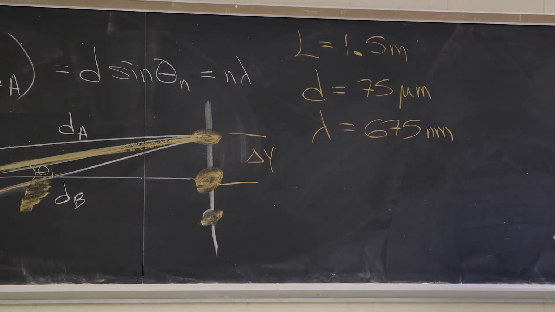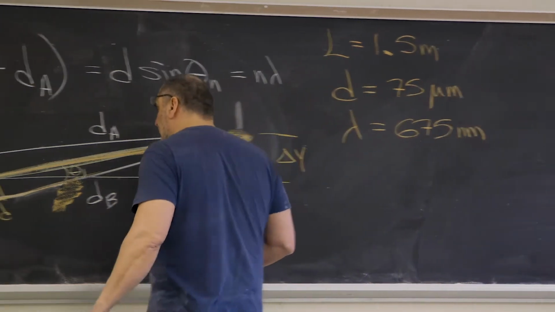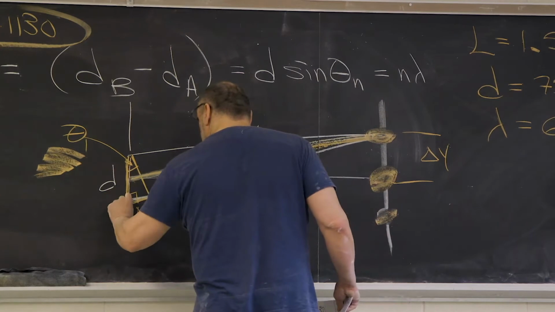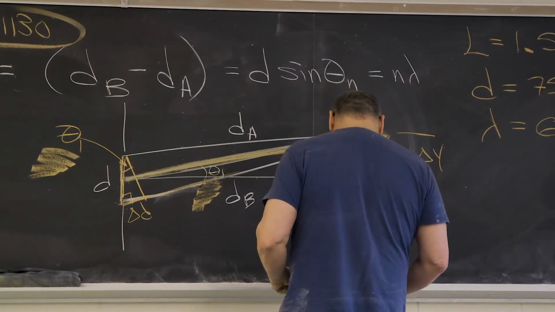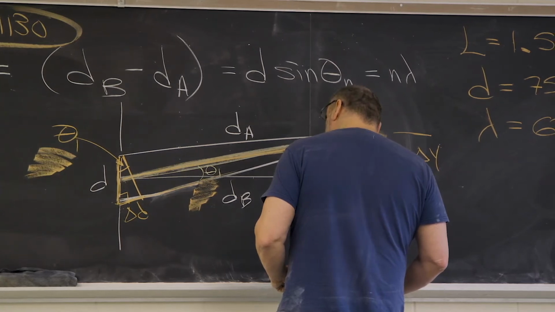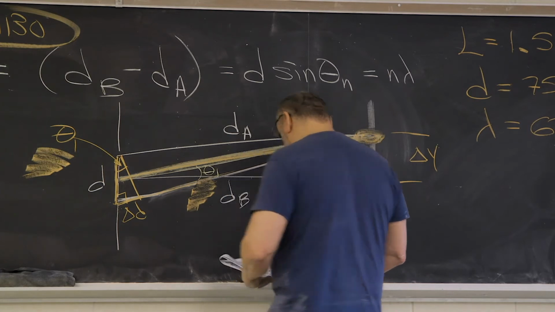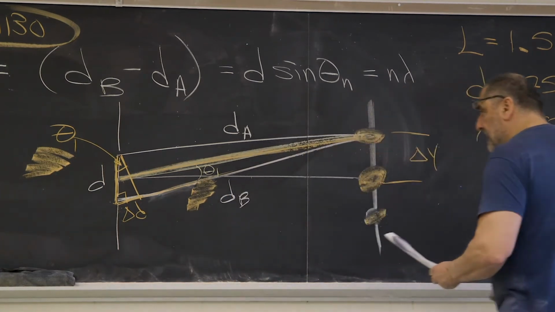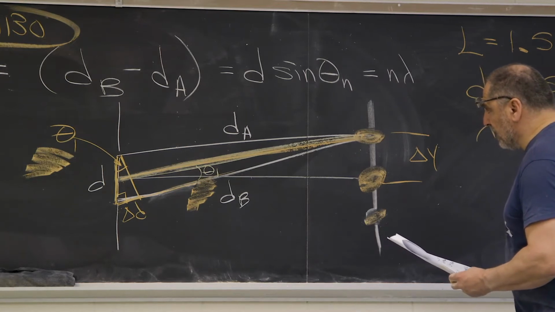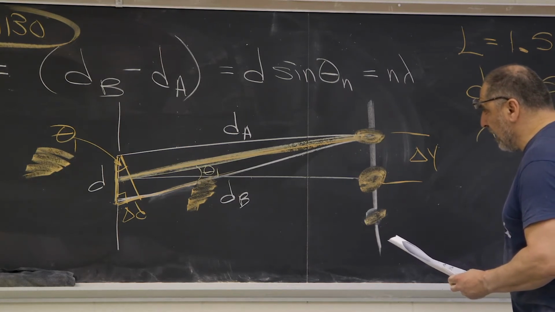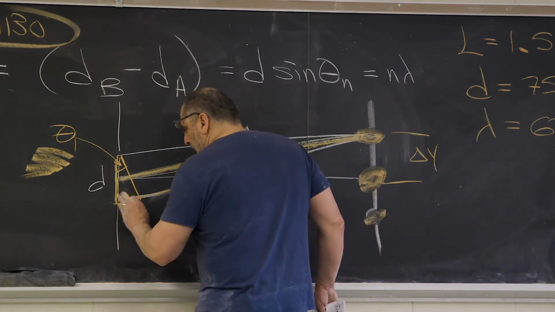D sine theta 1. I want to just get this straight. For some reason, that D does not really appeal to me. Let me think. It's actually right. I just wrote it wrong.